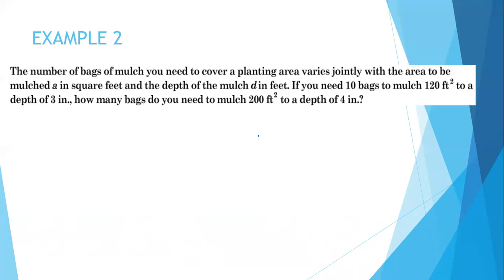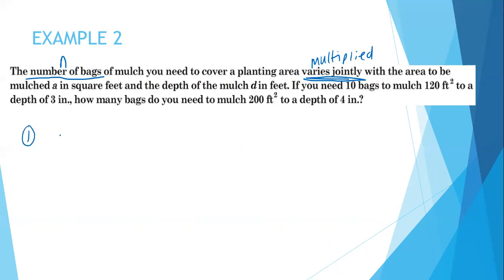So step 1. Good job. And why did you say that? Varies jointly. The key thing here is it says varies jointly, so that means everything is being multiplied. And the number of bags, even though it didn't tell us a variable for number of bags, we can just make that in ourselves. Does that make sense?